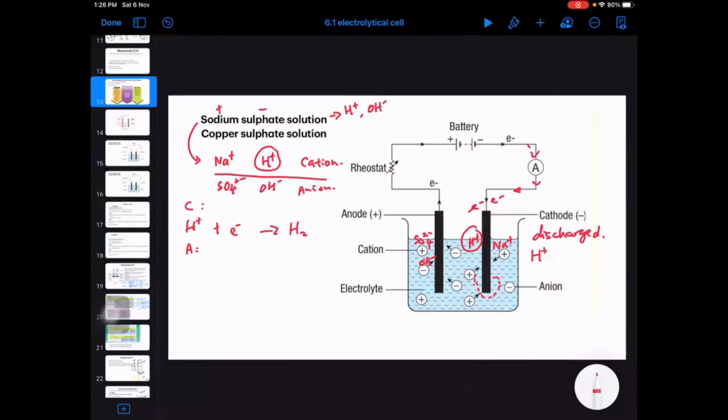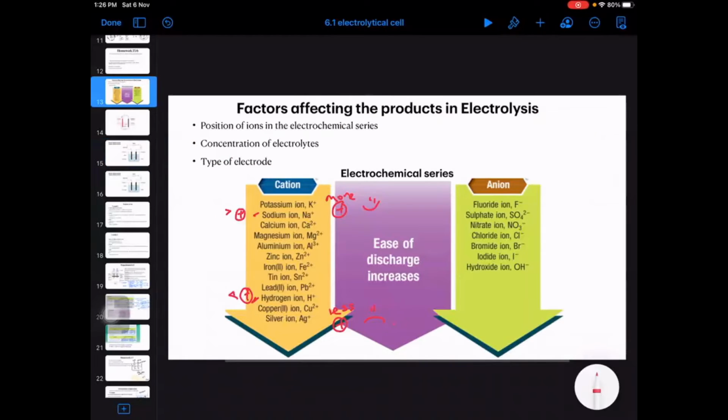We look at the electrochemical series. Sulfate ion is here, hydroxide ion is here. So sulfate ion is more electronegative, because these are all negative ions. Sulfate ion is happy to be a negative ion. Hydroxide ion is less electronegative. It's less happy, it doesn't want to be a negative ion.